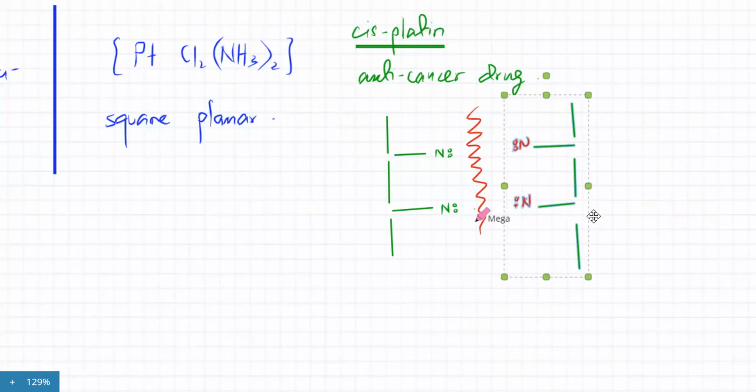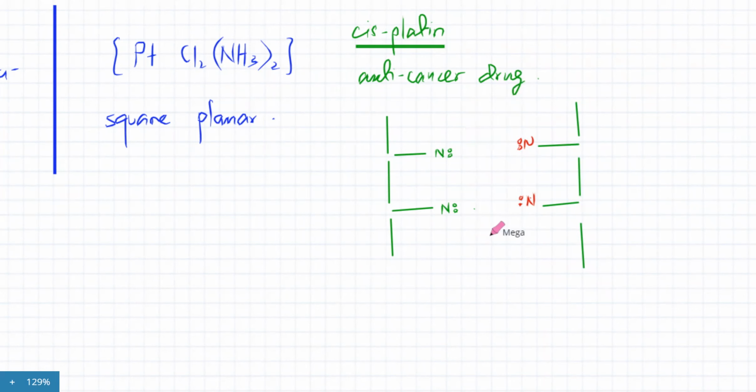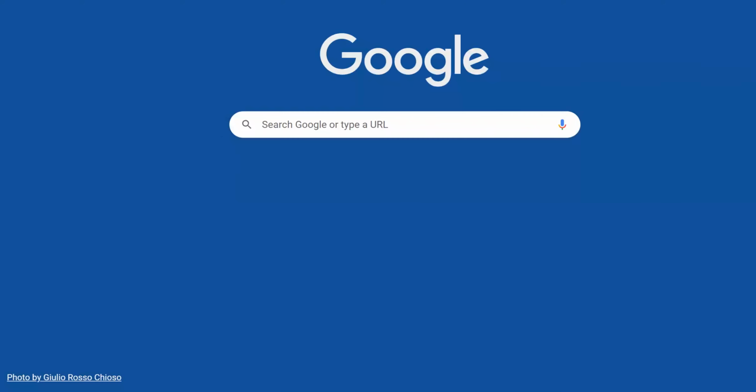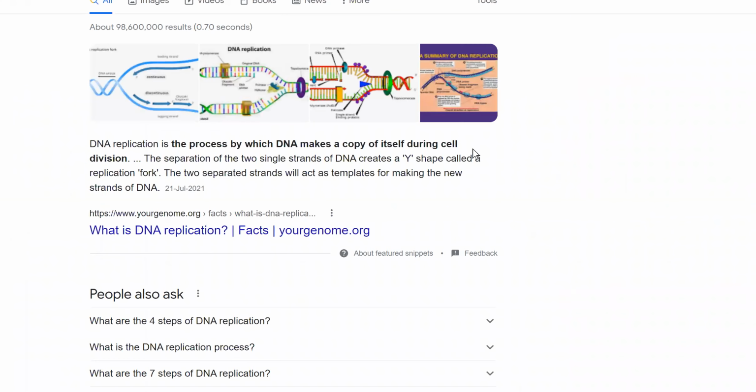So what you don't want is for the cell to replicate. Let me just show DNA replication. I'll just copy a few things.